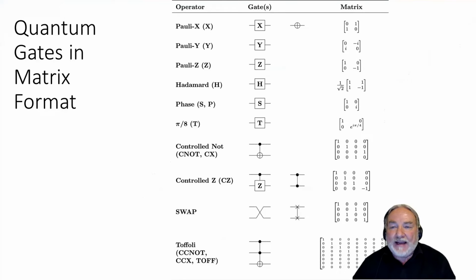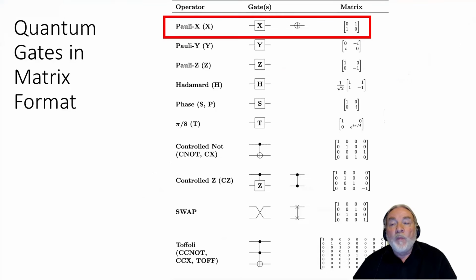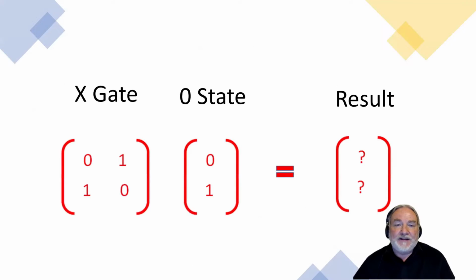So the quantum gates, you may remember we've got the X gate, and that's up the top here. And you can see the matrix is a 2 by 2 matrix, 0, 1, 1, 0. And that will always flip whatever state the qubit is in. And I'm going to prove that to you.